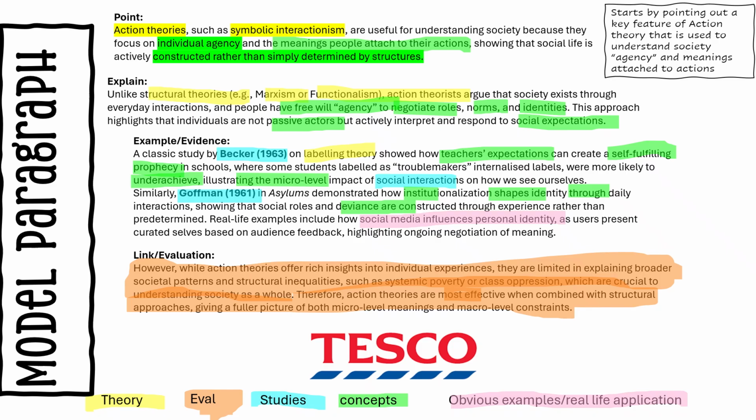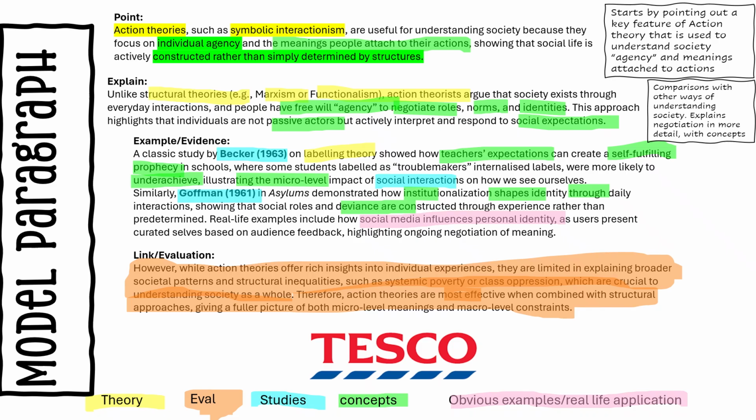This approach highlights that individuals are not passive actors, but actively interpret and respond to social expectations. So again, comparisons with the other ways of understanding society, trying to reinforce this idea that this theory is different because we're looking at negotiations, how people interact, as opposed to assuming we are all passive puppets to the institutions.